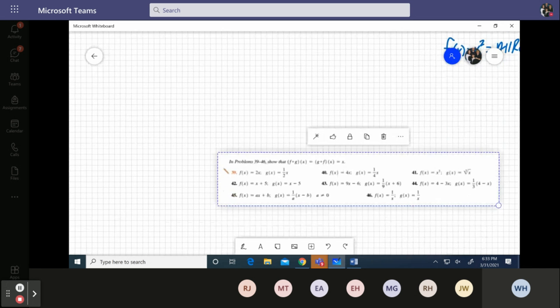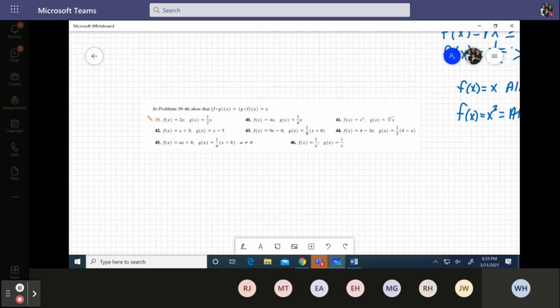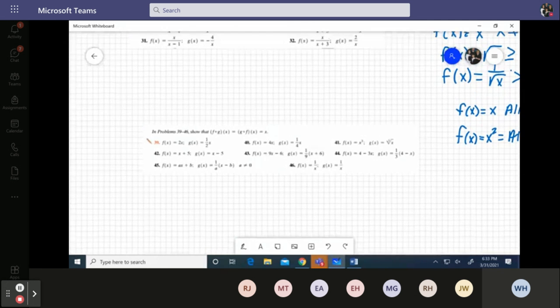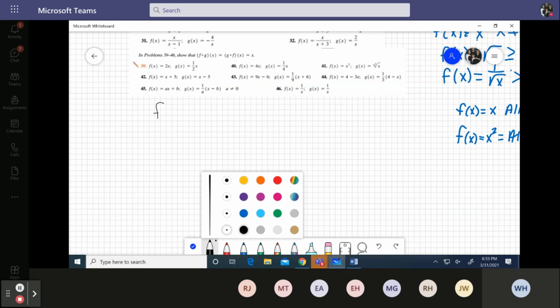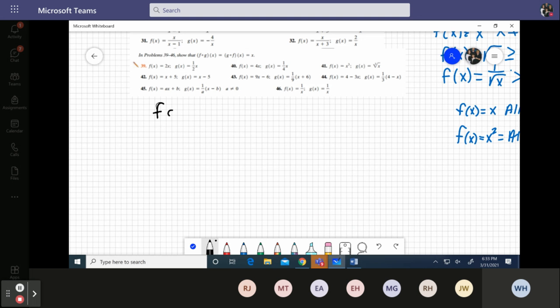The question is, would f of g and g of f be equal? Is f of g equal to g of f? Well, when you're doing that, all you're going to do is find out if they both equal x.